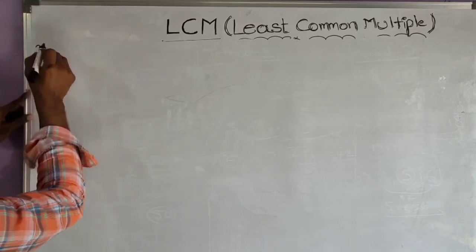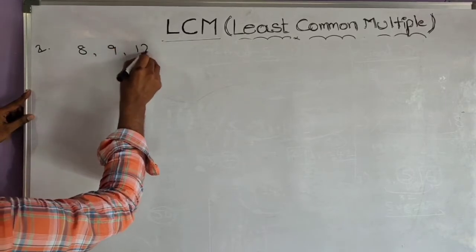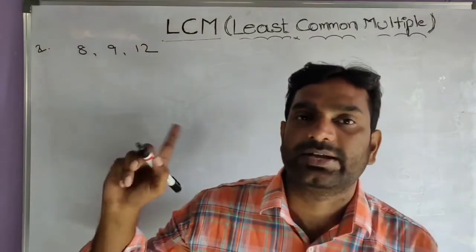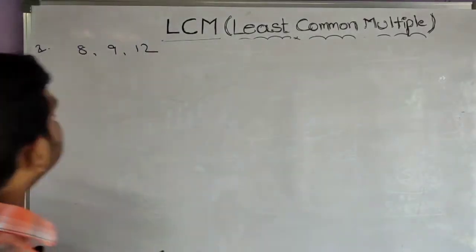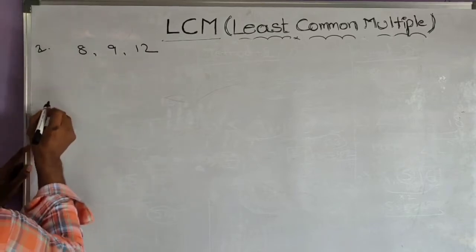First method. Find the LCM of 8, 9, 12. Listen, in first case, write the multiples of 8.